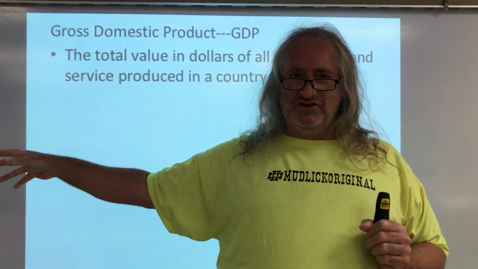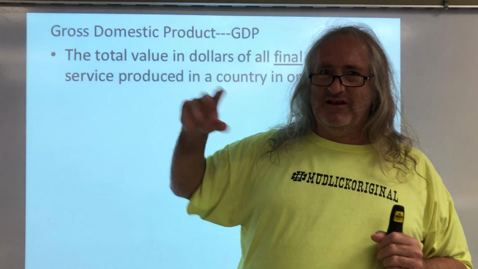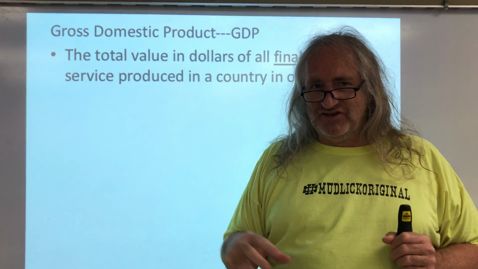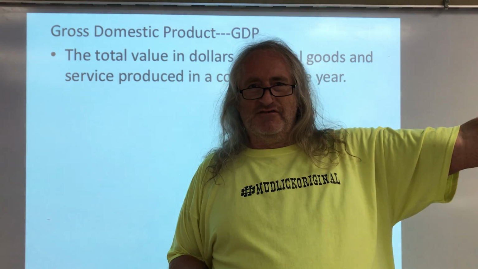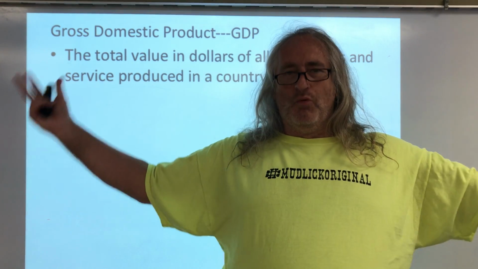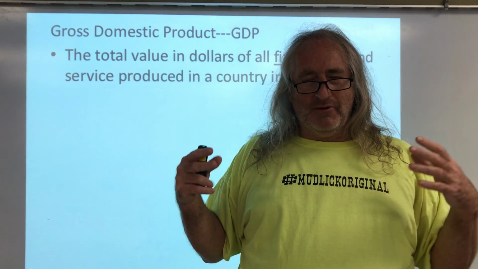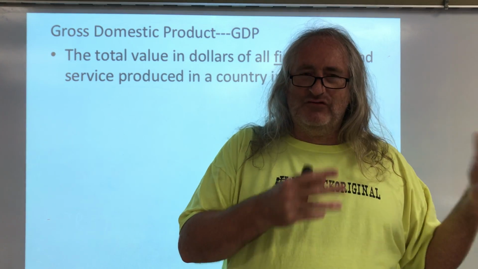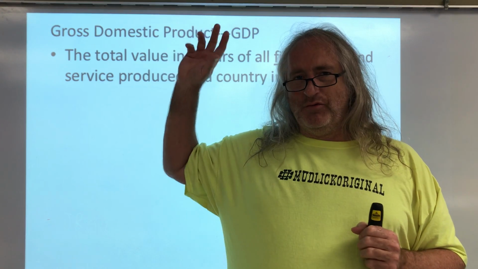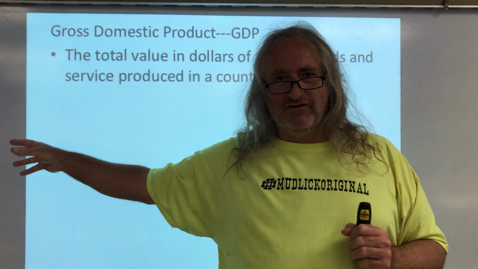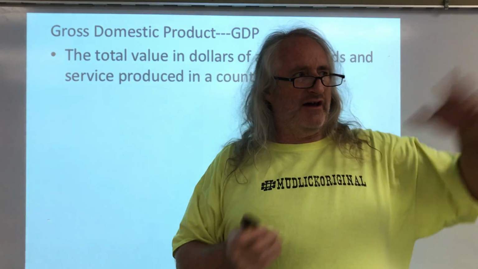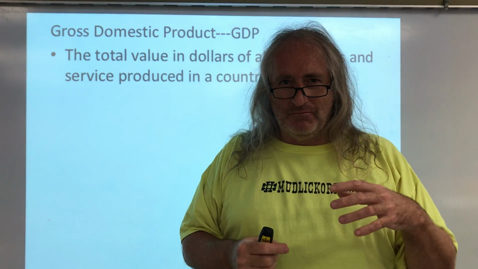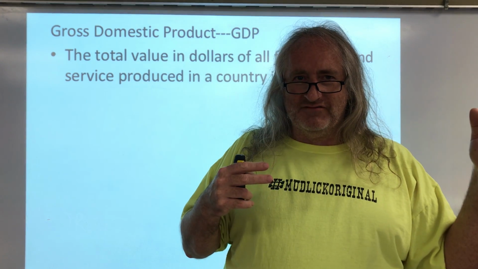When you buy that windshield from the company that makes windshields, that windshield alone does not count into GDP. The transmission does not count into GDP. But once you put it all into the car and the car becomes a finished product and you sell the car, then that car counts towards the GDP. Because if you were to count the windshield when it came from the windshield factory to the car, and you were to count the transmission when it came as GDP, then you're going to wind up counting those things twice.